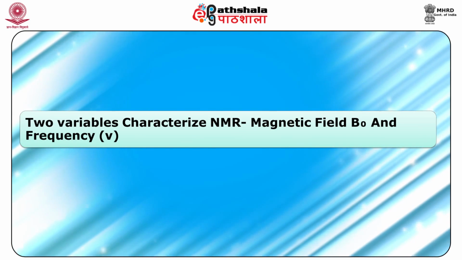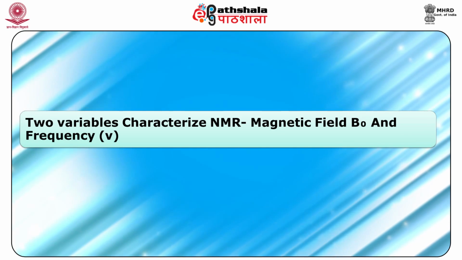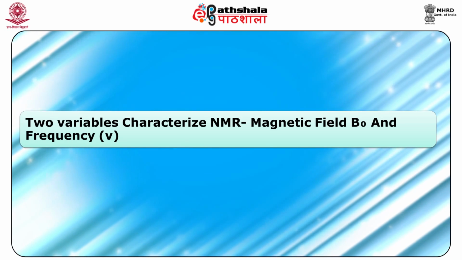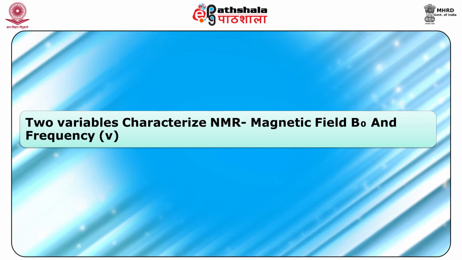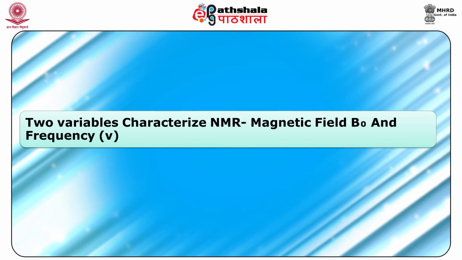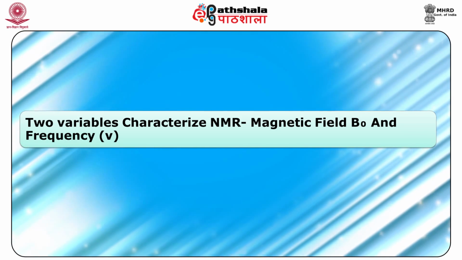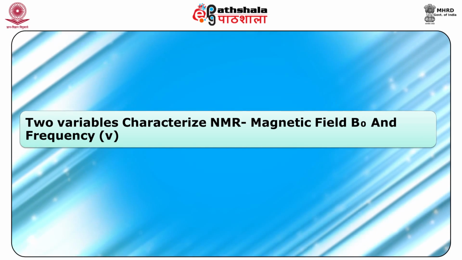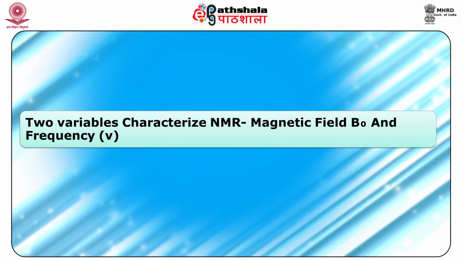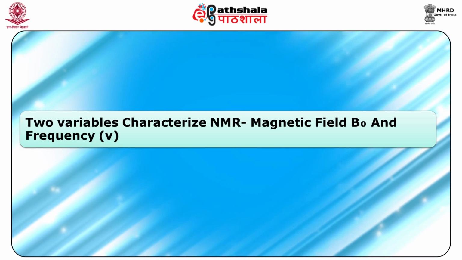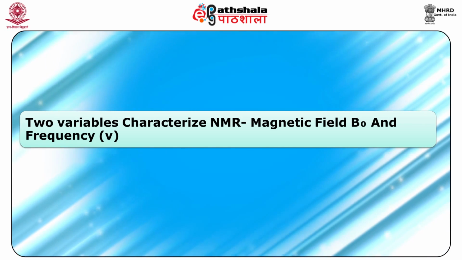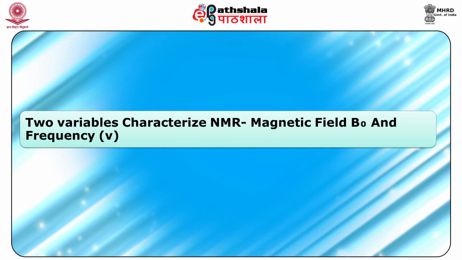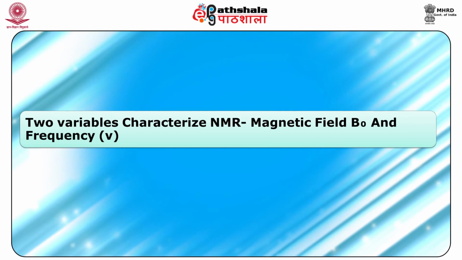Thus, two variables characterize NMR: an applied magnetic field B0, the strength of which is measured in Tesla, or capital T, and the frequency ν of radiation used for resonance, measured in Hertz or megahertz. The frequency needed for resonance and the applied magnetic field strength are proportionally related.